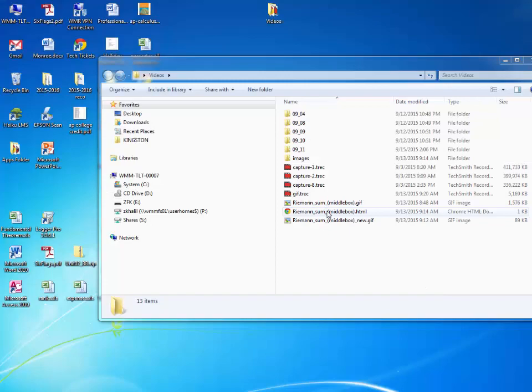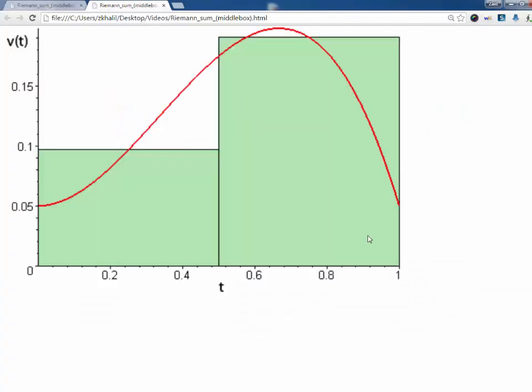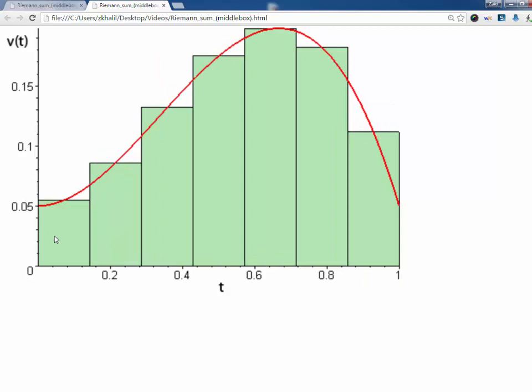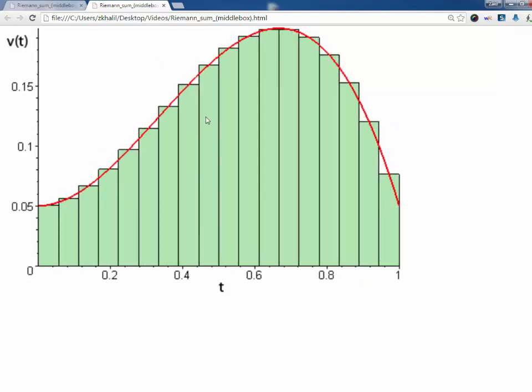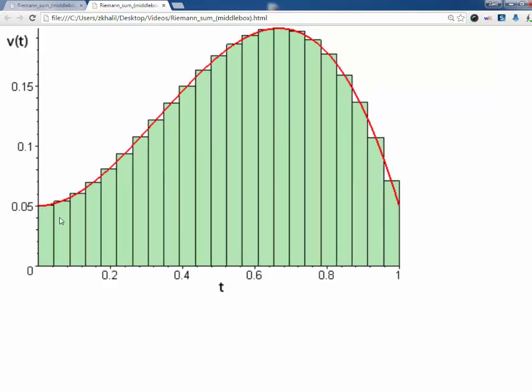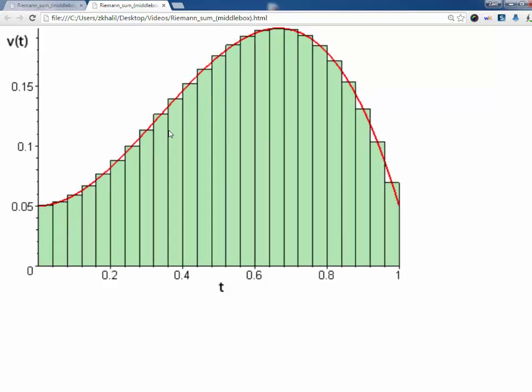So what it looks like is something like this. I'm going to open this up. As you can see, the number of subintervals over this range is increasing. And as it increases, it becomes a more and more accurate description of what the area is under the curve.